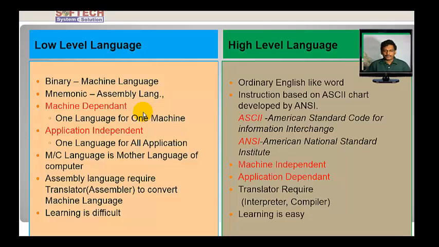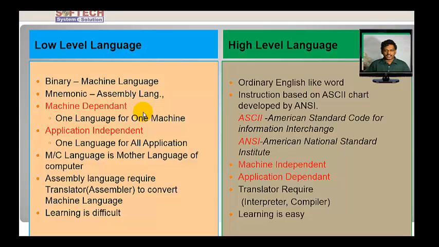Application independent. What is application independent? One language is suitable to write all kinds of application. If we want to write business-related applications, system software, or application software, we use the same language to write all kinds of application.